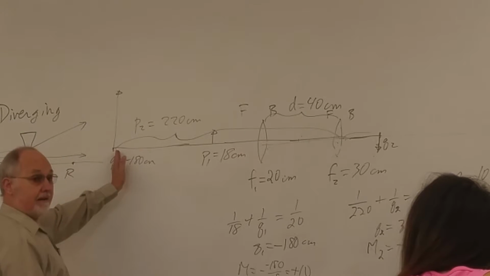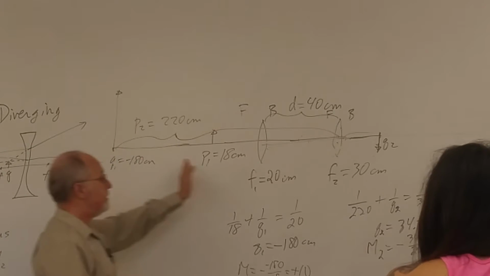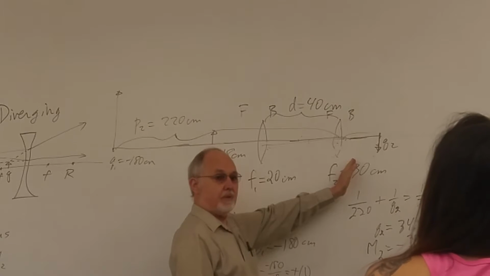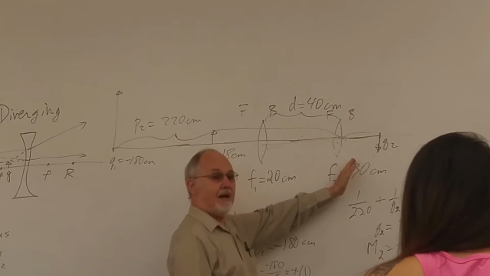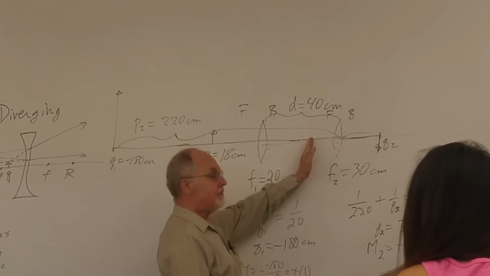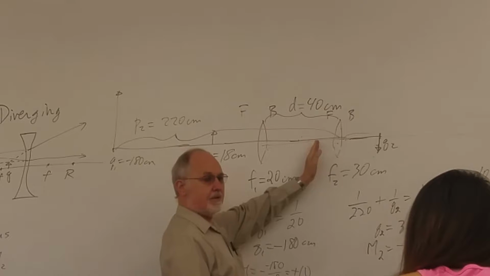Is it on the front side? We got a virtual image for the first lens, so it's that distance plus the separation distance between the lenses for your second object distance. If it's in between the two, it's the separation distance minus the first image distance.